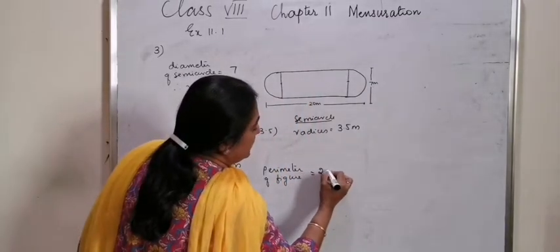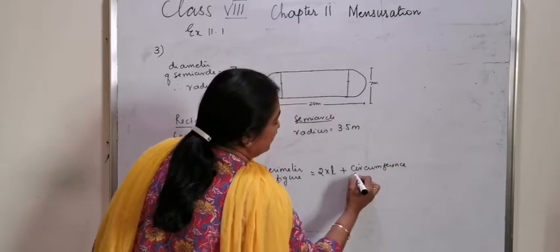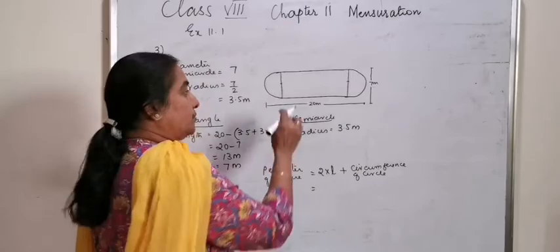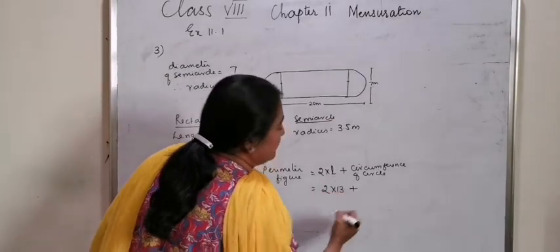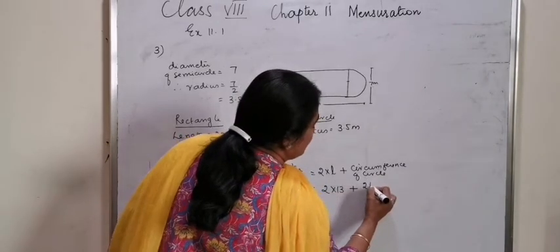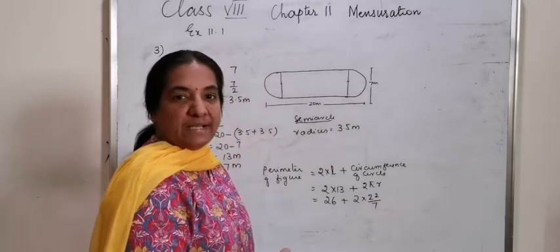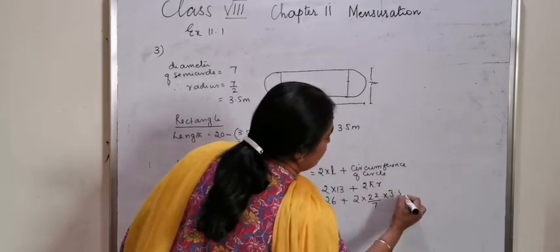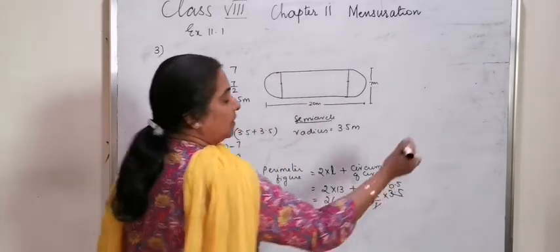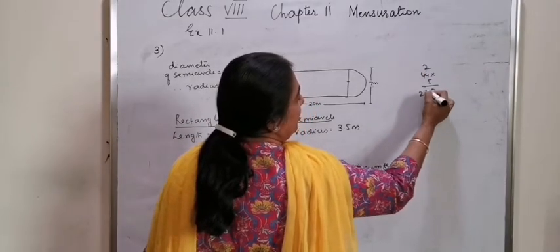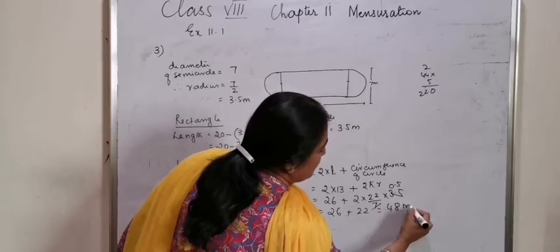That means 2 times length plus the circumference of circle, which is the same as 2 times the length of the rectangle, which you can see as 13 meter, 2 times 13 plus circumference of the circle, the formula is 2 pi r, which is 26 plus 2 into the value of pi, you can take it as 22 by 7 into the radius we calculated as 3.5. 26 plus 2 into 22 is 44, 44 into 0.5 is 22, or 26 plus 22 is 48 meter.